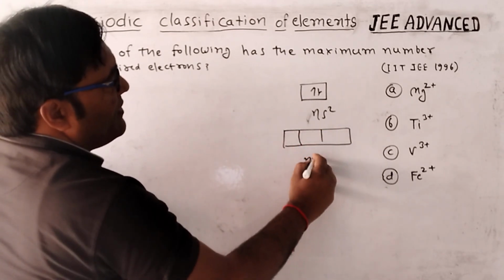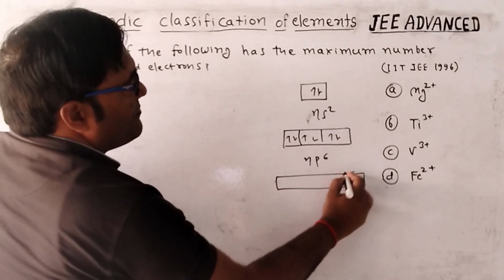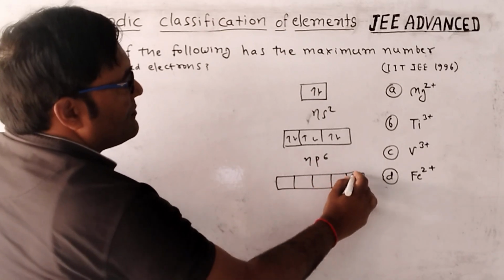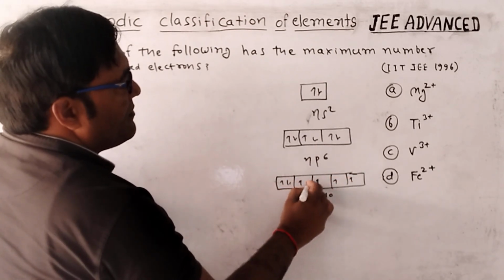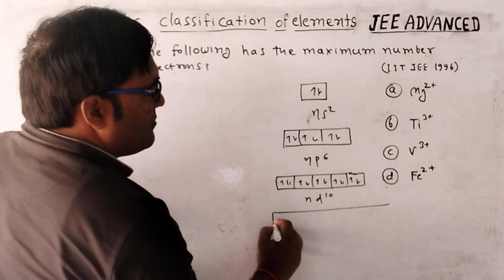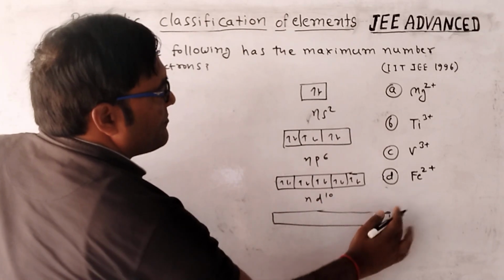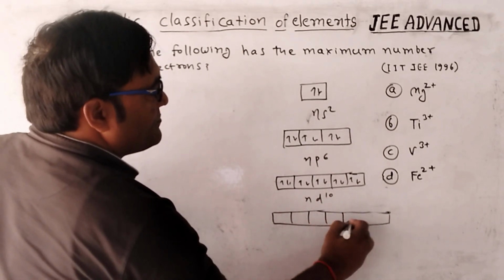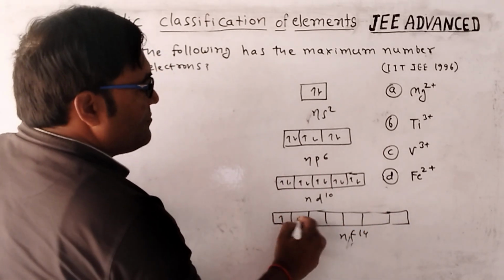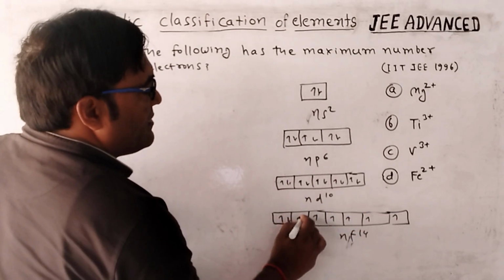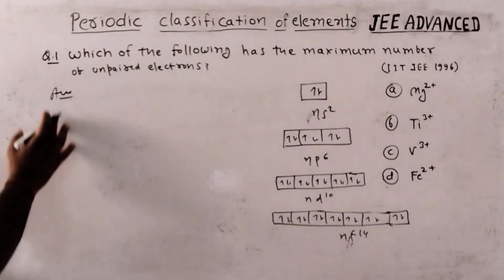In case of the others, counting the electrons: 1, 2, 3, 4, 5, 6, 7, 8, 9, 10, 11, 12, 13, 14. Okay, so now one by one.